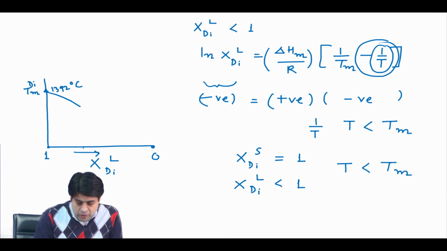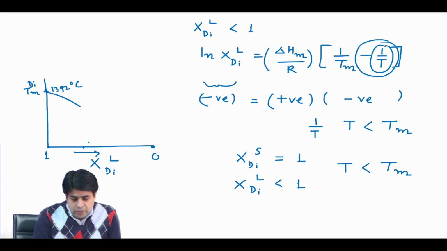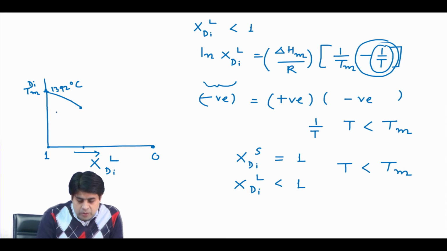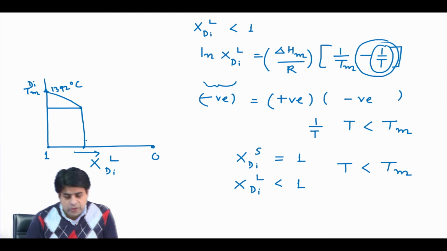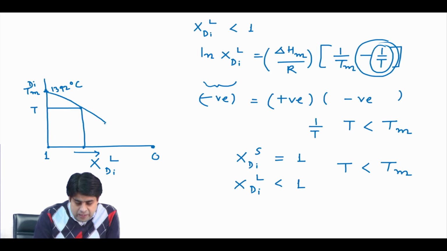For example, if you are adding 30% of impurity, your temperature drops to this one. So, when you add this 30% of impurity, 0.3 x of this impurity in the system, this will be your T. When you add more impurity, the melting temperature will drop to a lower temperature.